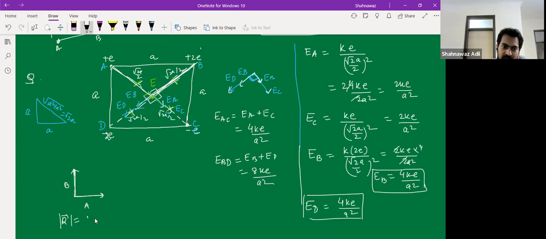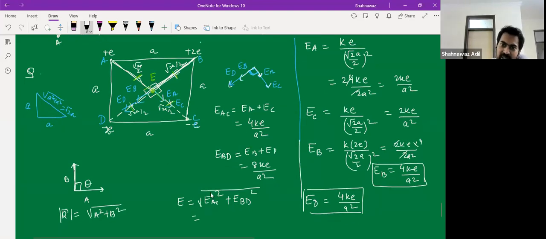The magnitude of this electric field would be simply EAC squared plus EBD squared.